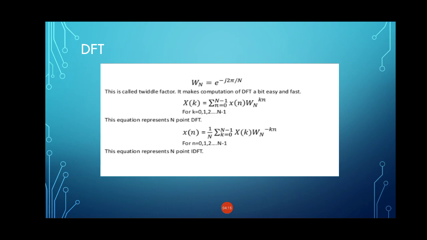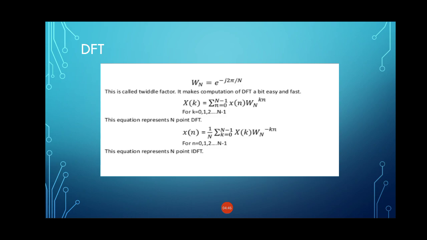That means we are sampling DTFT into N different pieces of information. If we break X of e to the power j omega from 0 to N minus 1, we will have capital N pieces of information. This is what DFT is. That is, we are sampling the frequency spectrum of DTFT into N pieces.